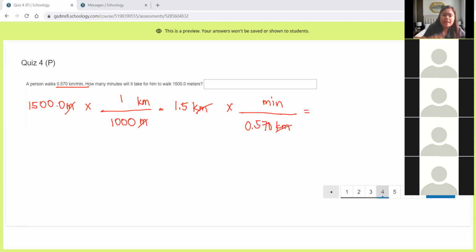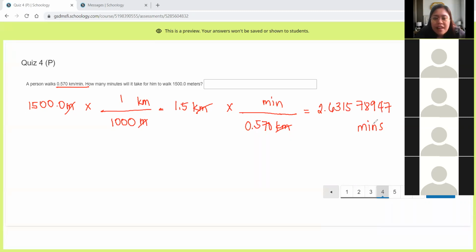So, pag i-cancel na to, 1.5 times 1 divided by 0.570 is 2.631578947 minutes. Ingana niya ka dugay lakawon ang 1,500 meters, 2 point something minutes.